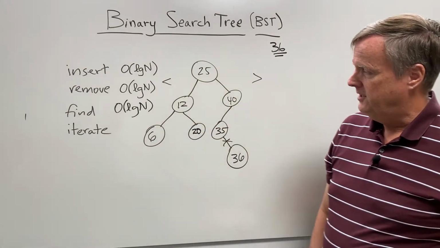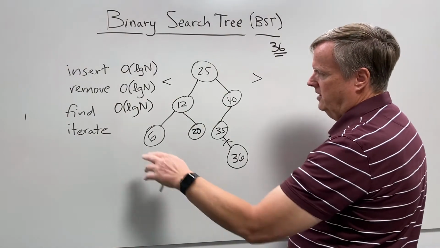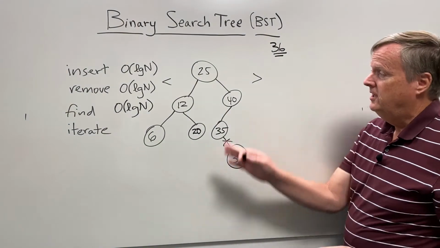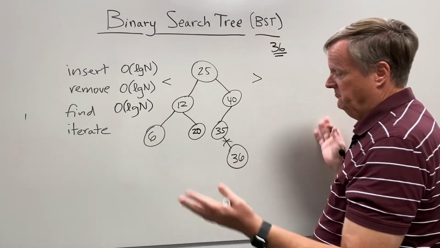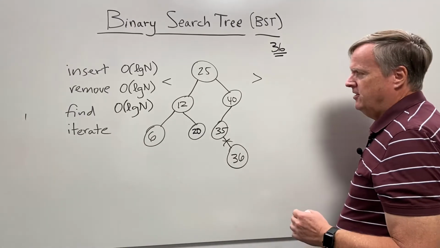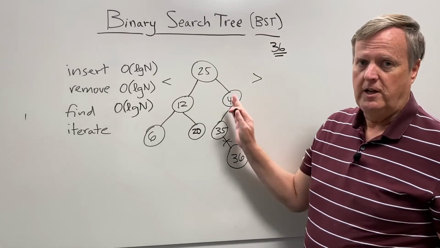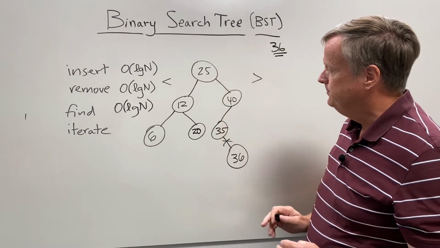Let's talk about iterating. To iterate, I want to iterate through all of these. By iteration, what I mean is I want to visit every single one of the nodes and then do something with it. In this case, maybe I'll just want to print it out. There are a number of different ways you can do iteration. They're almost always recursive algorithms, and they're done recursively.